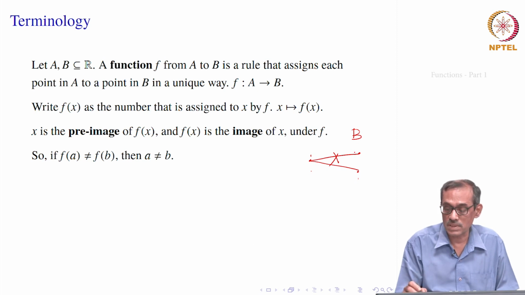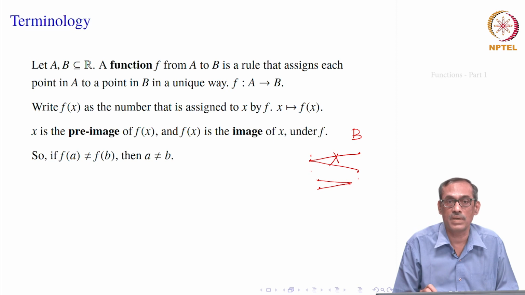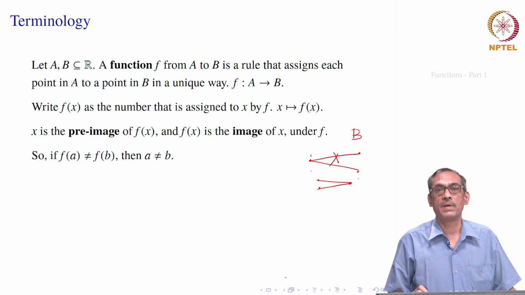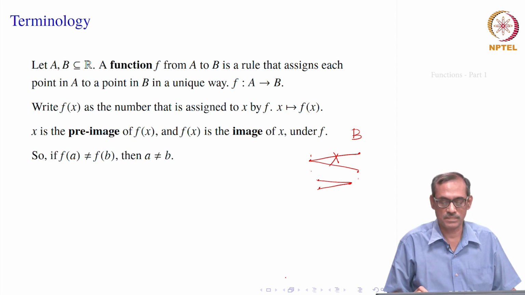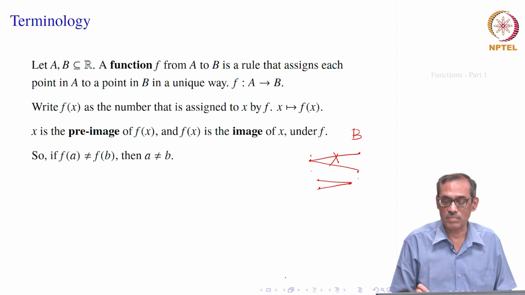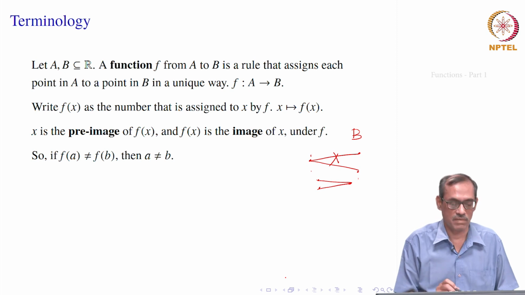But the other side is possible: if you have a and b, both of them can go to the same thing, that is, f of a can be equal to f of b, like in the absolute value function. Absolute value of 1 is also equal to absolute value of minus 1; that is possible. But the first case is not possible. That is the meaning of this association: f associates elements in a unique way.